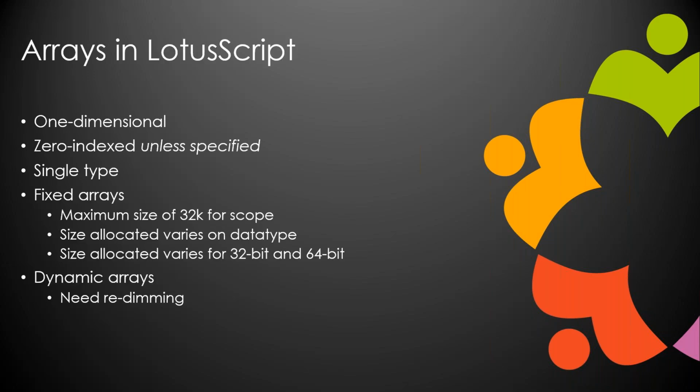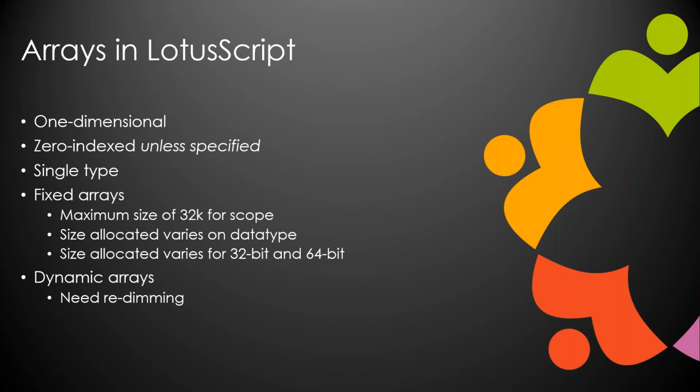And arrays we're also familiar with from LotusScript as well. They're also one-dimensional. They are also zero-indexed unless specified, either with defining what the bounds are for an array or using option base. And they're also a single type, but of course you can have a variant which can contain all sorts of different data types and objects.